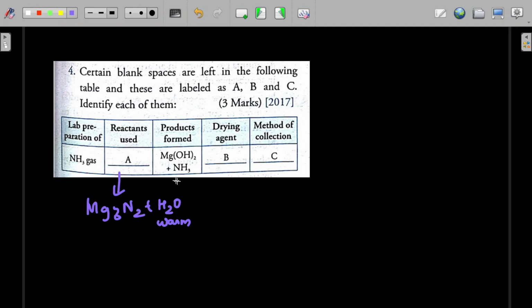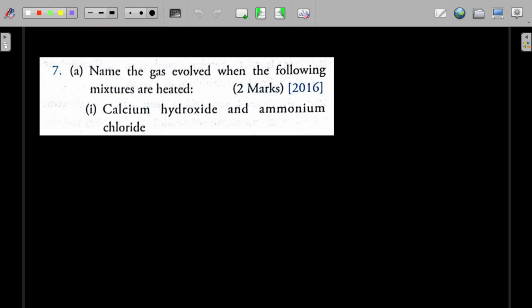Okay, based on the products, if they have given, say, calcium chloride, NH3, H2O, then you have to take ammonium chloride plus calcium hydroxide. Drying agent is quicklime, method of collection is downward displacement of air. Gas evolved again, so calcium hydroxide and ammonium chloride, ammonia gas will be evolved here.